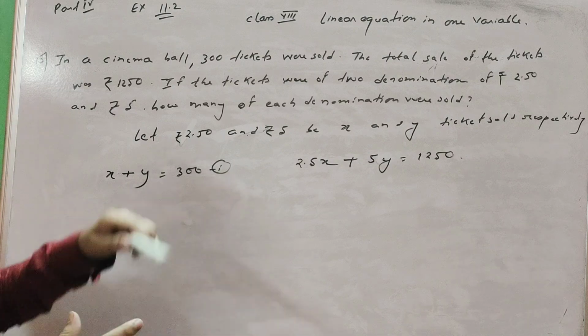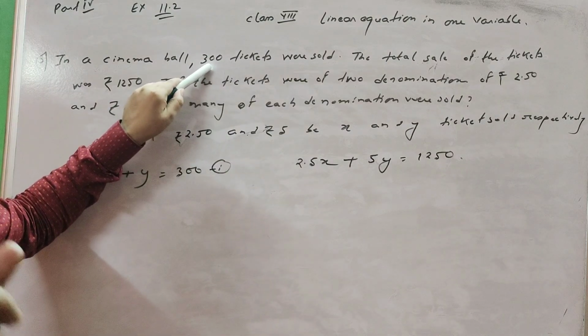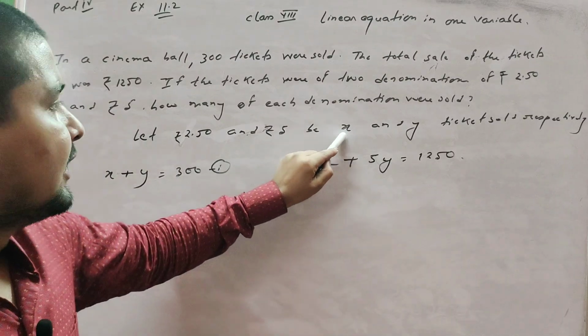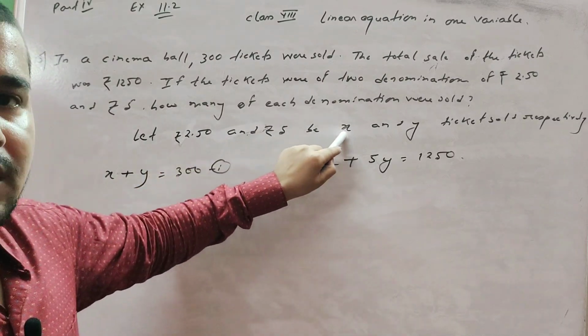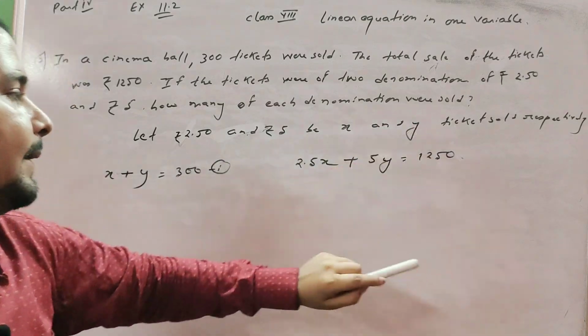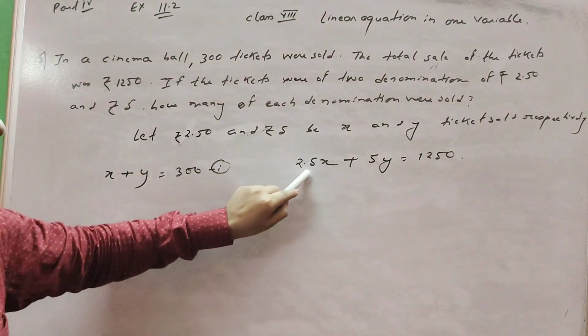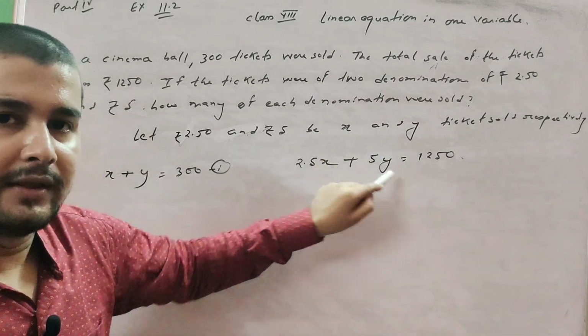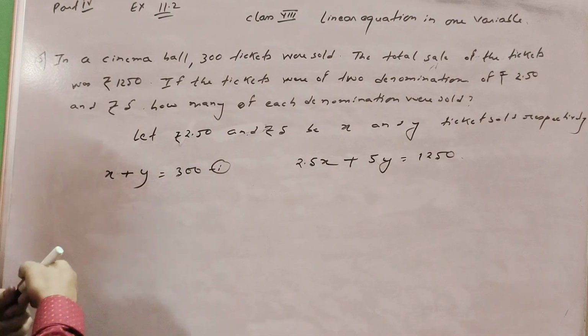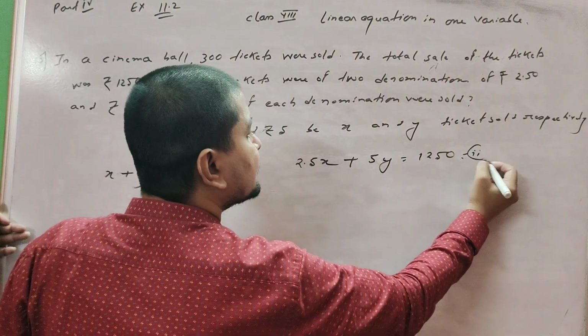Again I repeat, total number of tickets is 300, so X plus Y equals 300, because we sold X tickets of 2.5 and Y tickets of rupees 5. So 2.5 into X plus 5 into Y, the total amount collected, is 1250. This is our equation 1 and this is our equation 2.